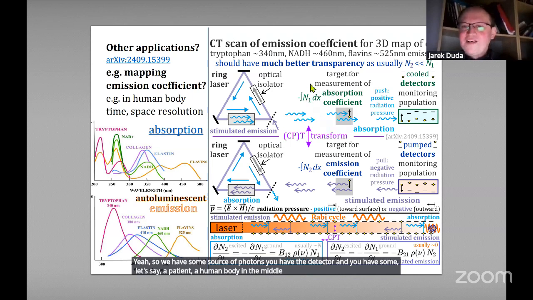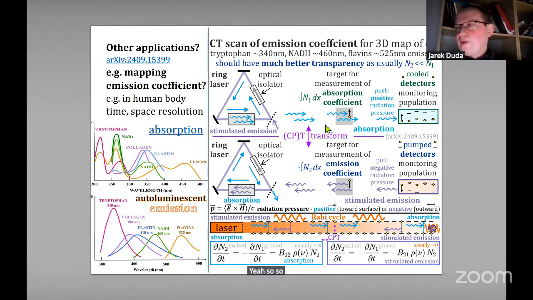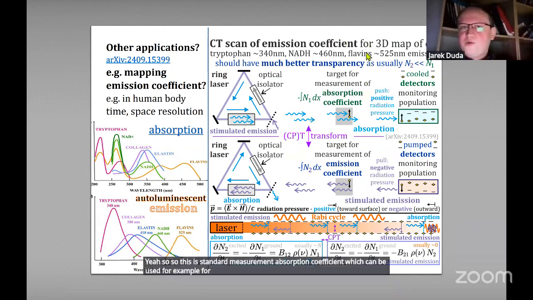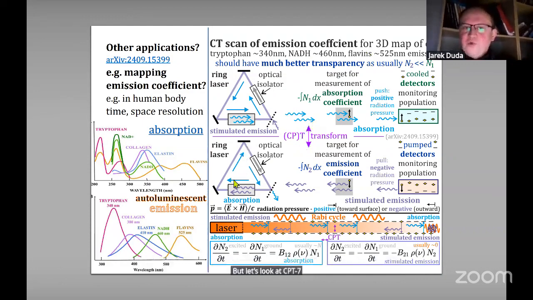The human body, let's say, subtracts this integral of ground state atoms along the way. So this is the standard measurement of absorption coefficient, which can be used, for example, for 3D maps of absorption coefficient in computer tomography. But let's look at the CPT symmetry of this picture. You have to reverse the photon trajectory here, and again, you need to excite the target.